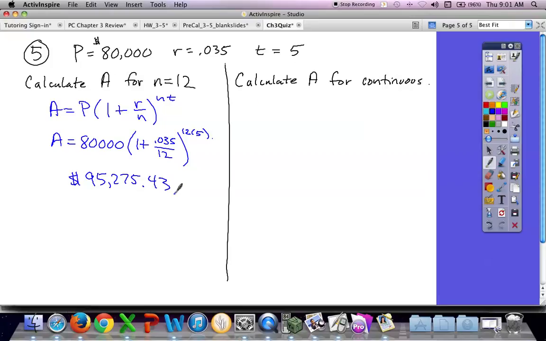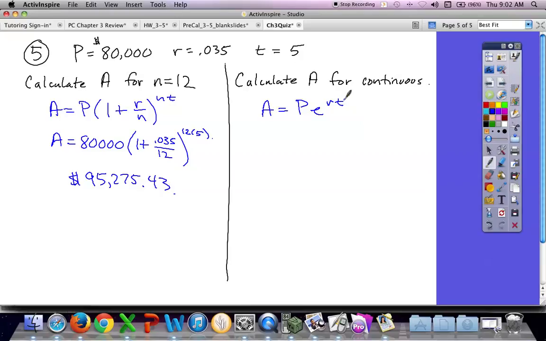Now, on this one, we're going to do A equals Pe to the rt, because that's the formula we use when it's continuous compounding. And remember what continuous compounding is. It's like the limit of how much you can get out of this by just increasing the number of compoundings. Honestly, I keep meaning to look this up to see whether anybody actually gets continuous compounding or whether it's just a theoretical thing for us to use in a math class.